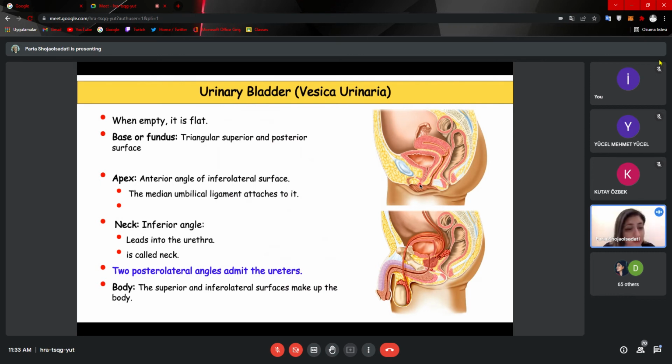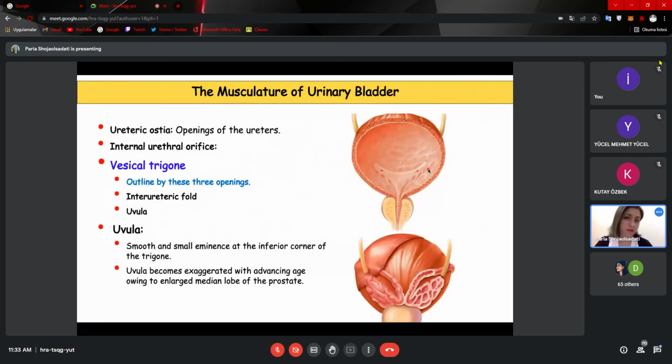The body is the superior and inferolateral surface of the bladder. You can imagine that this is the apex. Here, the posterolateral side is named the fundus. Here is the neck. And except for this region, the other part is named the body of the urinary bladder.